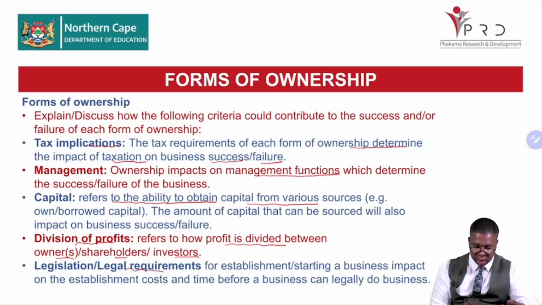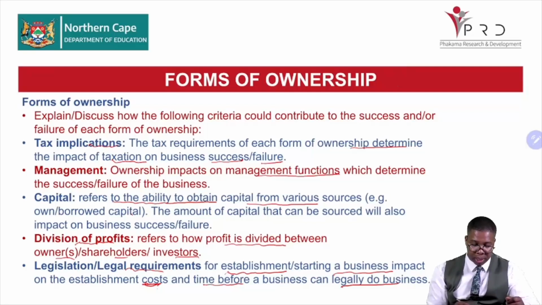Then legislation and legal requirements, we are talking about the cost, for instance, of establishing or starting a business and how it will impact on the success or failure of that form of ownership. And also we are looking into the establishment cost and the time before the business can legally do the operations.